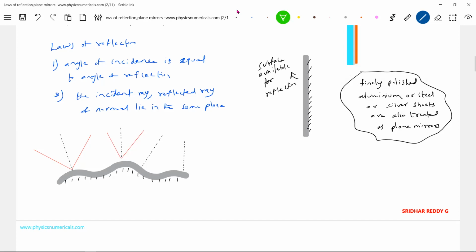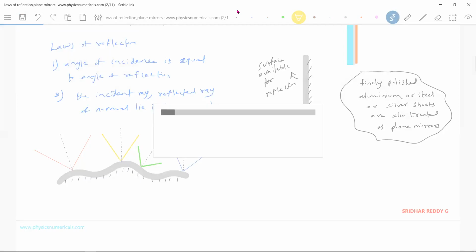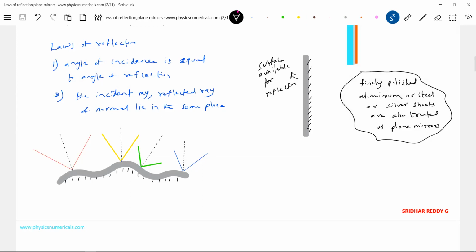This will be the incident ray, this will be the reflected ray, and so on at every point. Irrespective of the surface, whether it's a plane or curved surface, the law of reflection still holds good. What do I mean by that?